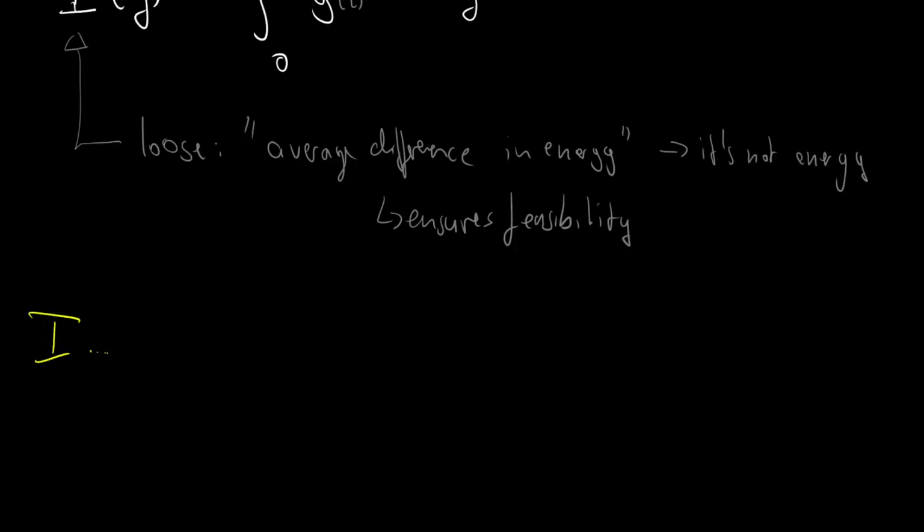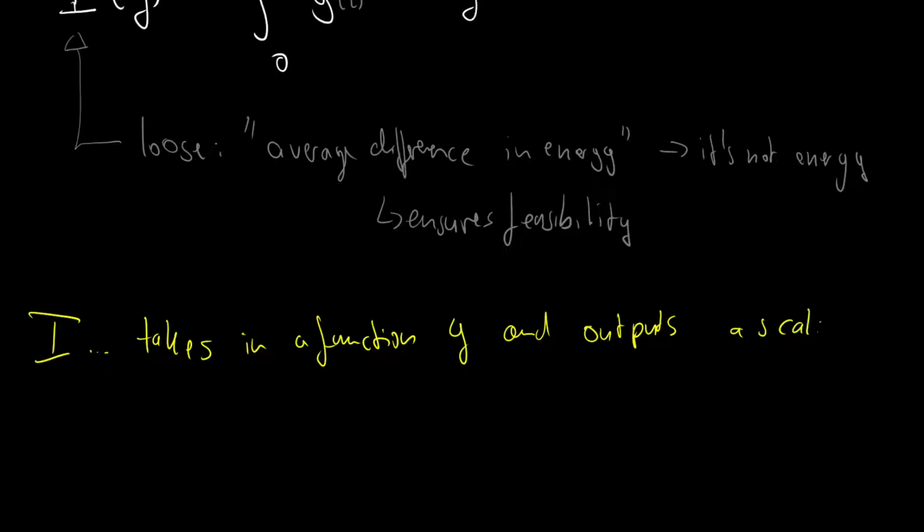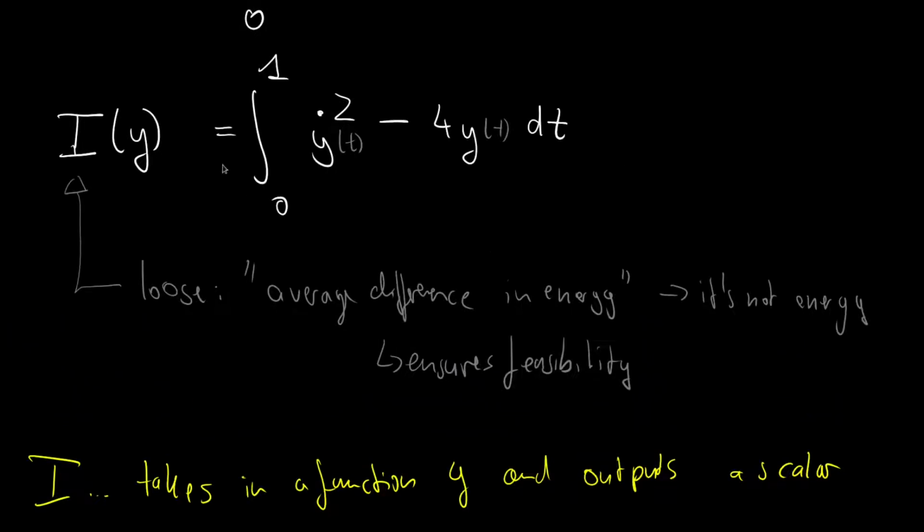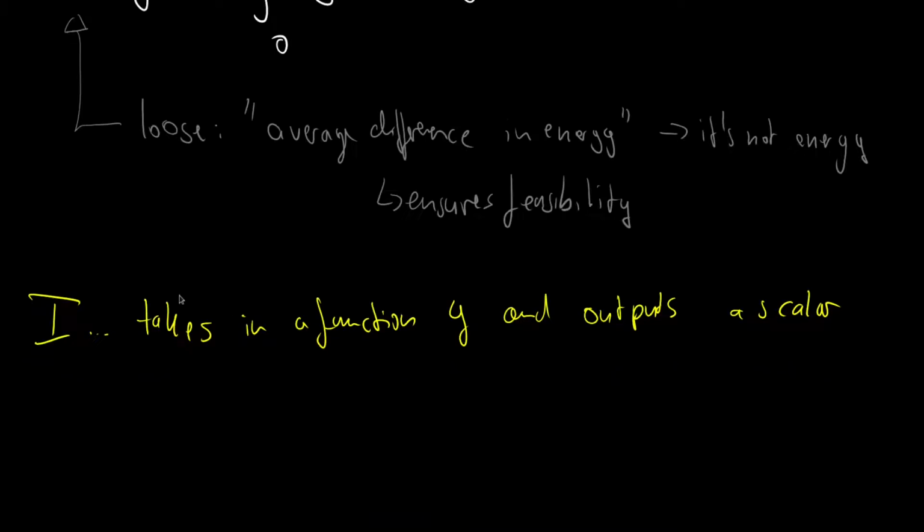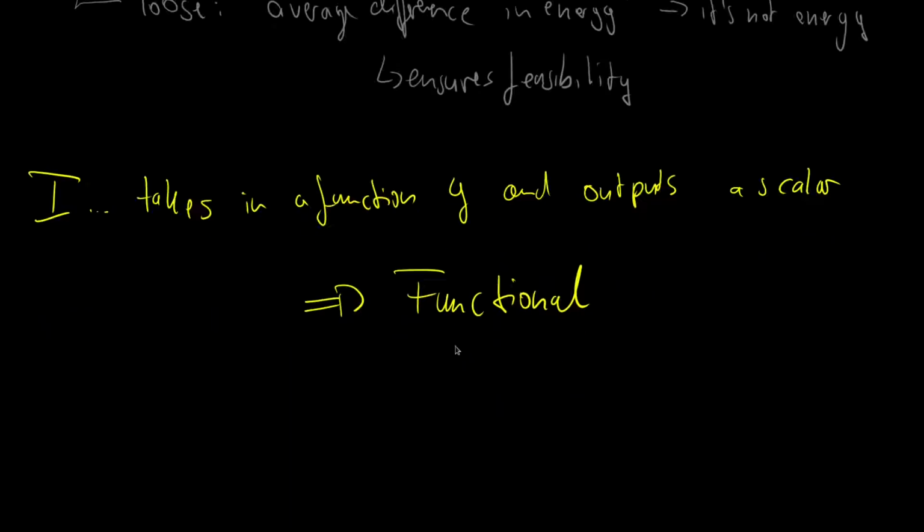So I is something that takes in a function y and outputs a scalar, because after the integration we don't have a function anymore, and it will just be a scalar value like this average difference in energy, and that is called a functional.